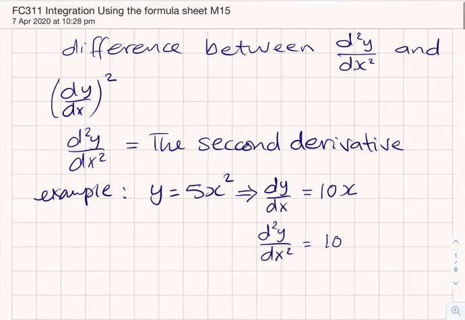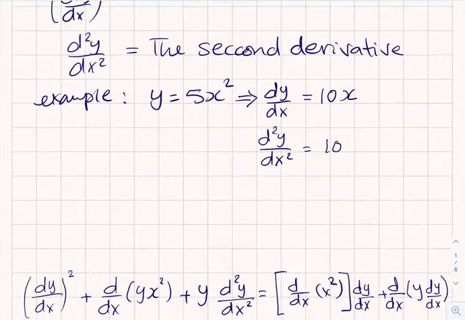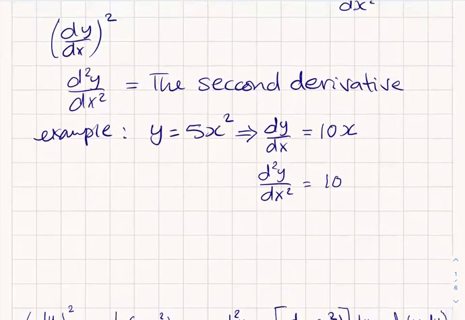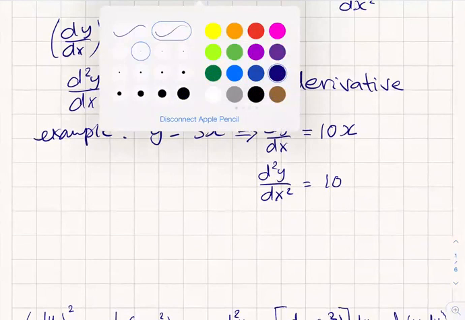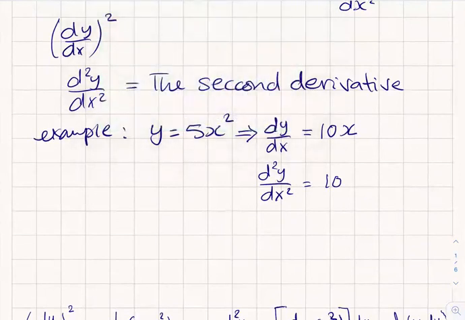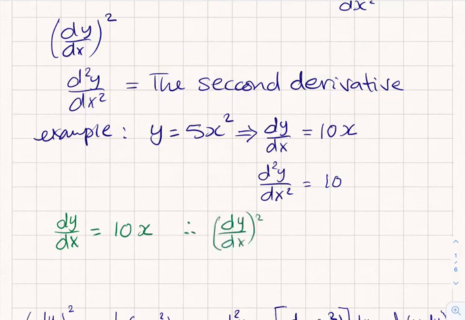If I use the same function and do dy over dx, which I know now is 10x, then dy over dx all squared means 10x all squared, which means 100x squared, because 10 squared is 10 times 10, and x squared.